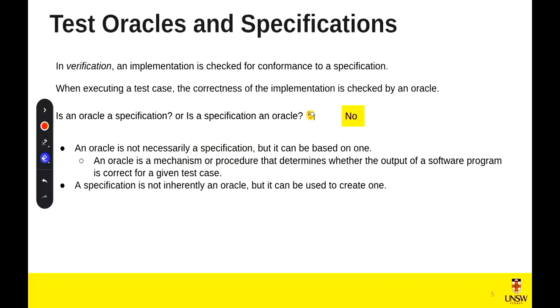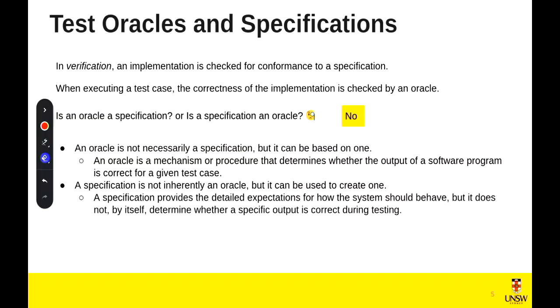A specification is not exactly an oracle, but it could be used to create oracles. A specification is more like a description of the desired behavior of the system. It is not that particular to some specific inputs or specific implementations.